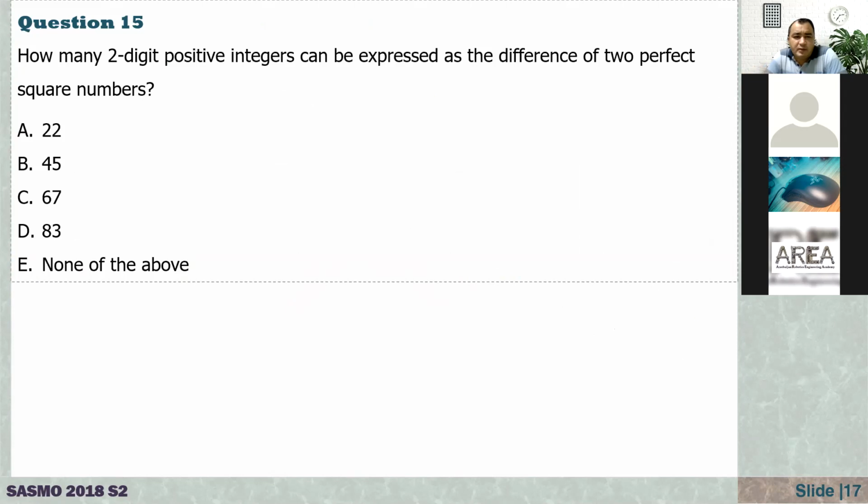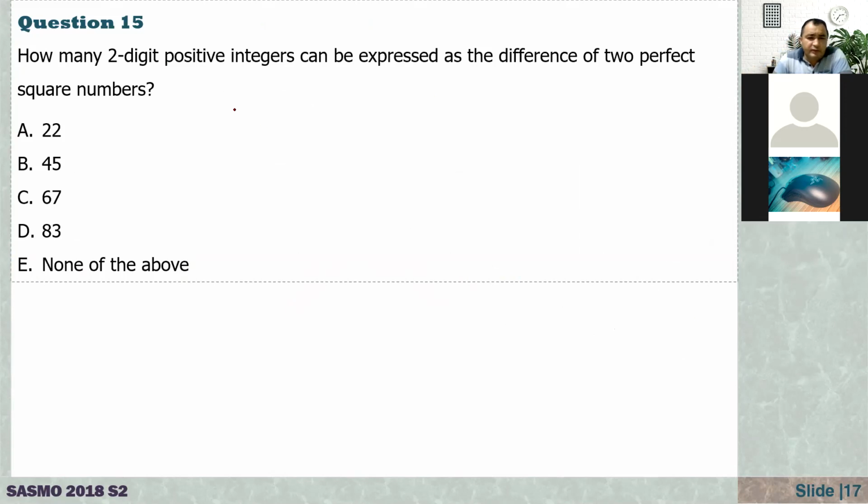So in this question, how many two-digit positive integers can be expressed as the difference of two perfect squares? I think actually we are talking about m squared minus n squared, that is a two-digit number. Here m is greater than n, otherwise it will be a negative number.